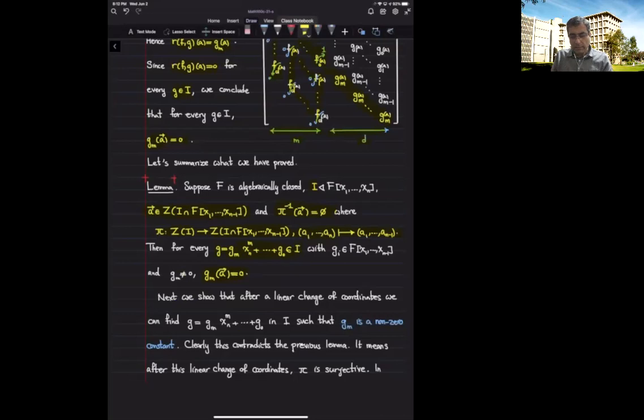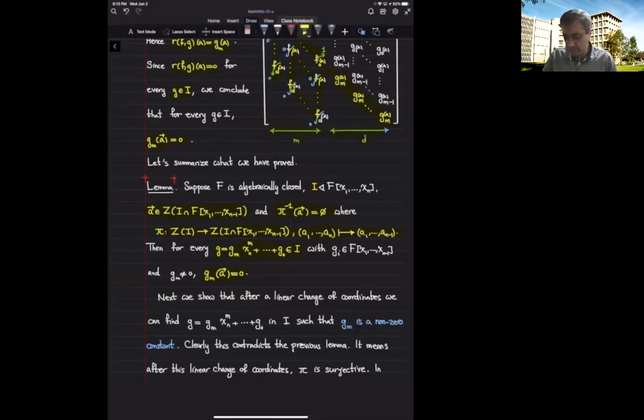What we will do is change coordinates in a linear way and then make sure that in this new system of coordinates, there is some g that has a constant non-zero coefficient as its leading term, and therefore in this new linear coordinate system, pi is indeed surjective.